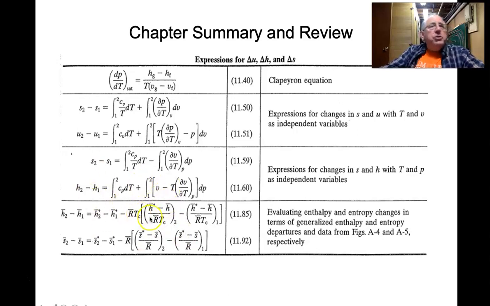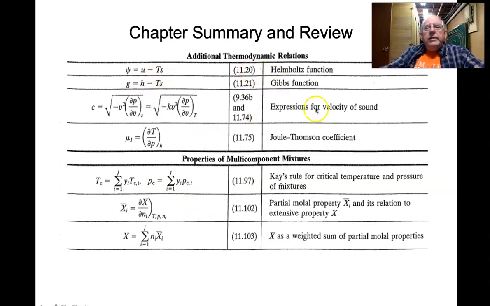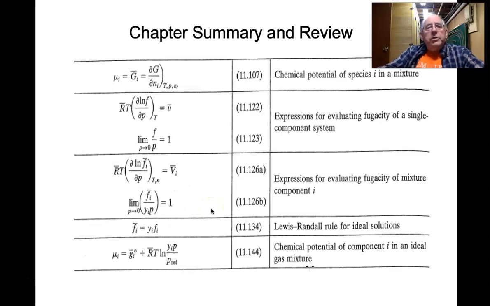As we get closer to the dome, we want to make sure we have the thermodynamic properties as close to reality as possible. And then we had some other thermodynamic relationships or functions that were introduced, various other parameters like the speed of sound, the expansivity, the Joule-Thomson coefficient, and then we started to discuss the concepts of multi-component mixtures that will be highlighted in the next chapter and then acted upon in the chapter on combustion.